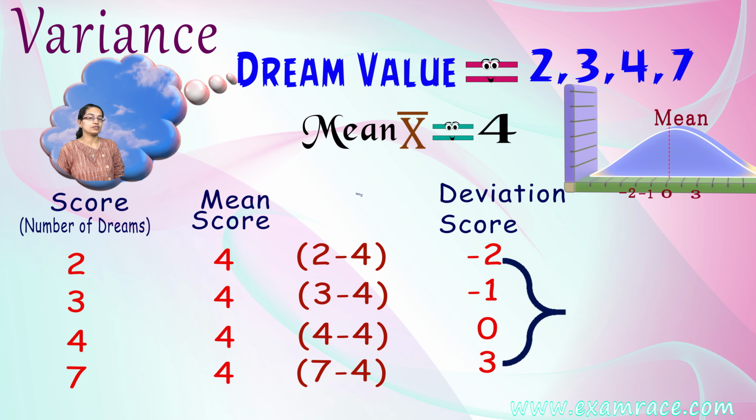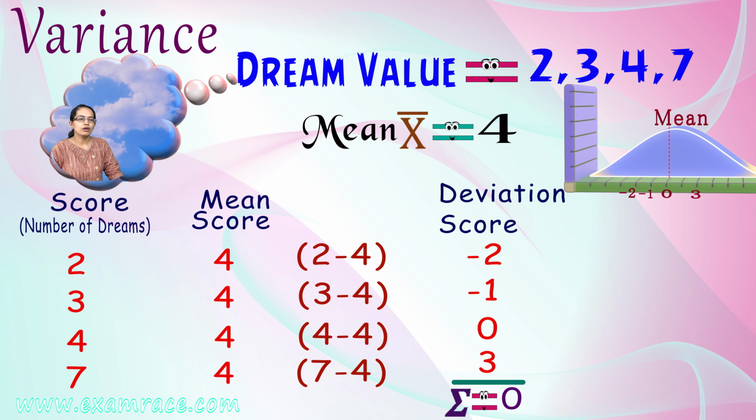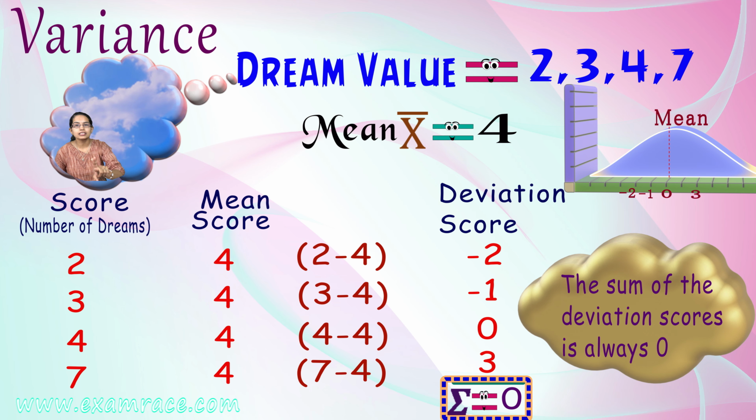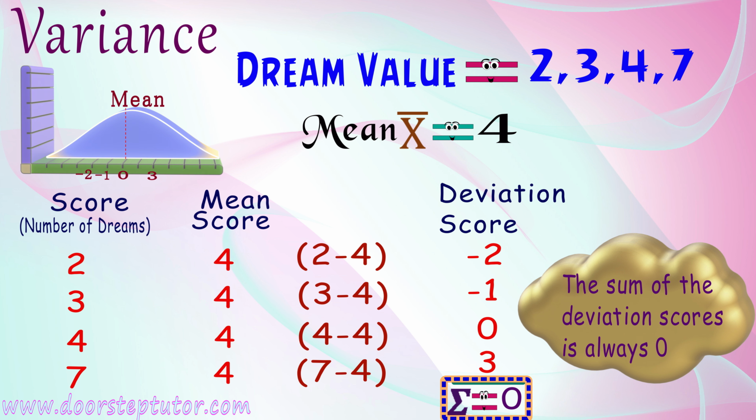When I sum up these values, my answer should be 0, and this is the value of the deviation score. Very carefully understand the terms. The sum of deviation scores must be 0 or very close to 0. That's one of the basic requirements for a correct interpretation of the variance. If it is not the case, there has been some calculation mistake for sure.